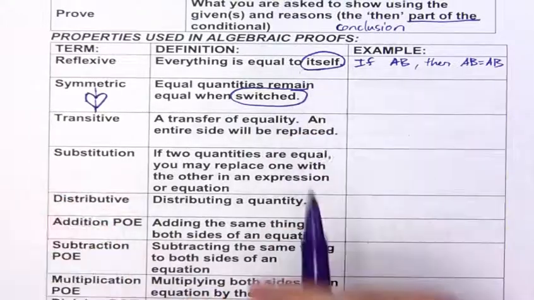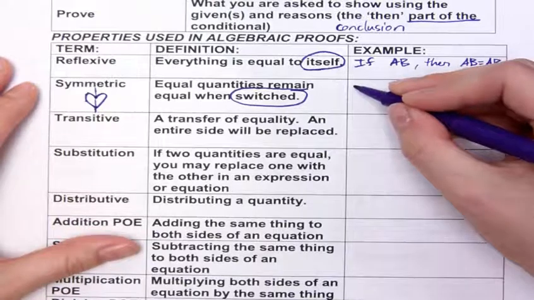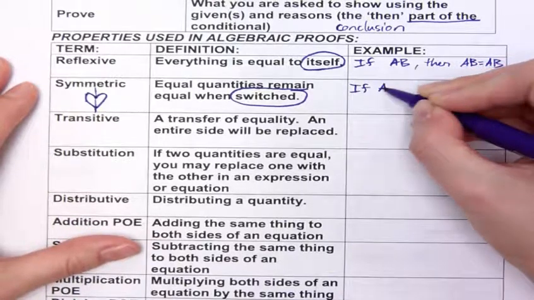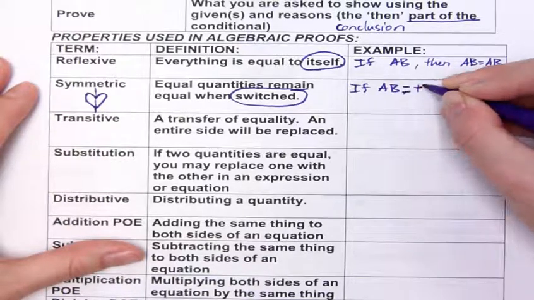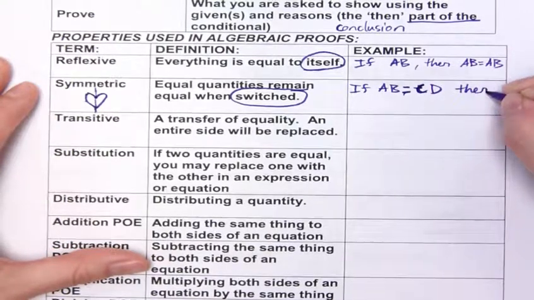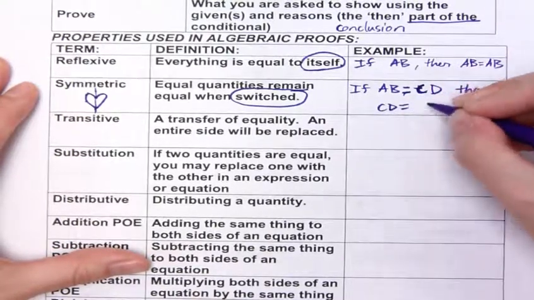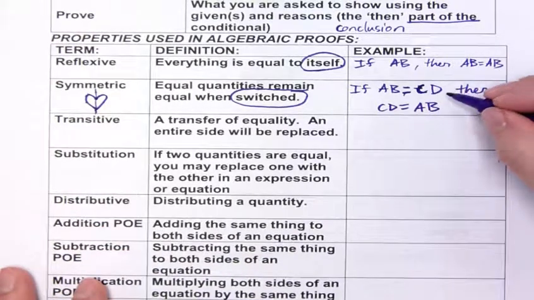So you just have to remember that reflexive is exactly the same. Symmetry is when things are switched. So that would be if I have AB equals CD, then CD equals AB. Okay, so we're able to switch it over.